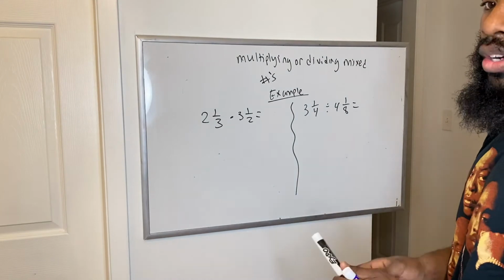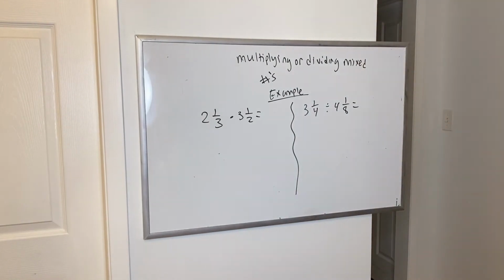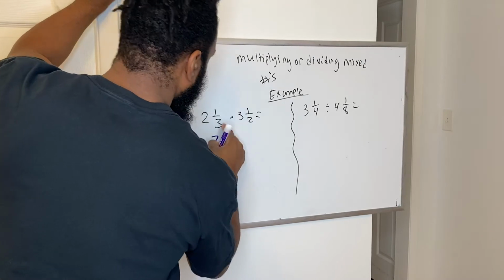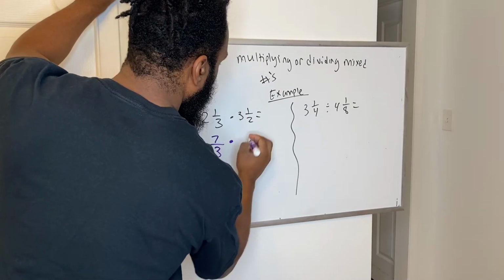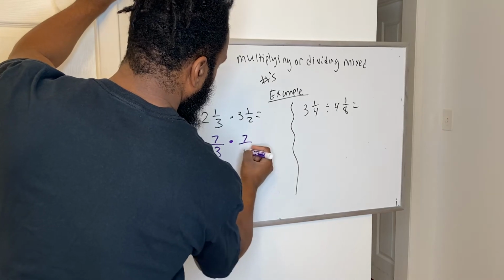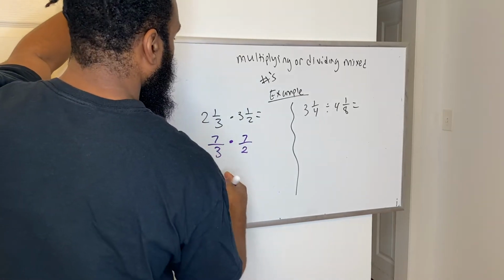First, you turn to an improper fraction. So 3 times 2 is 6, plus 1 is 7. Keep the denominator. 2 times 3 is 6, plus 1 is 7 over 2. Now I have improper fractions.